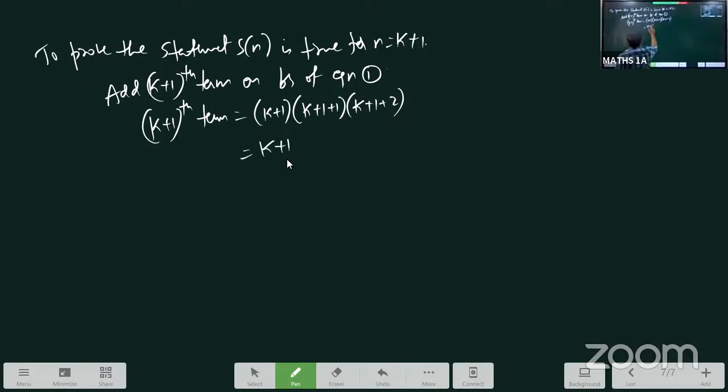That is k plus 1 into k plus 2 into k plus 3. Add k plus 1 into k plus 2 into k plus 3. That is the k plus 1th term. Is it clear?